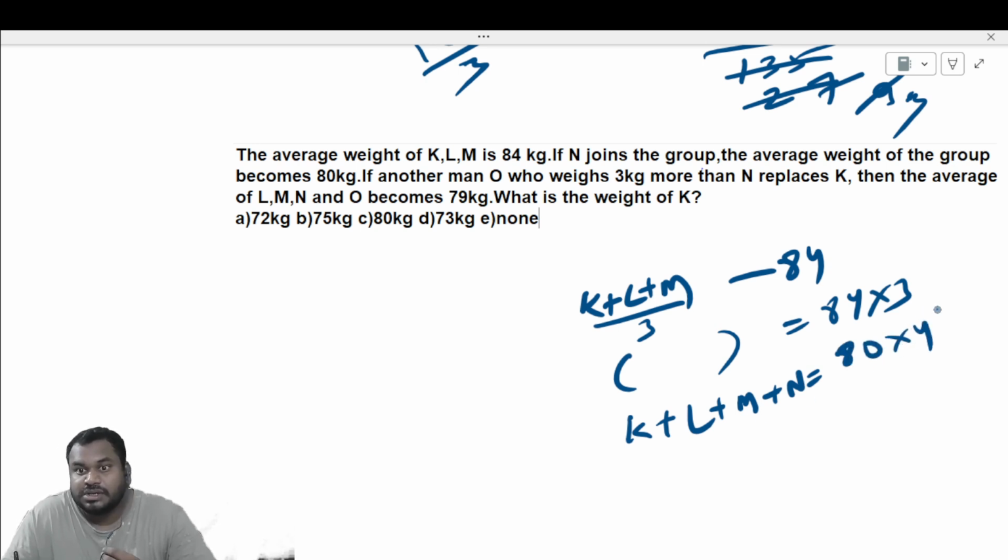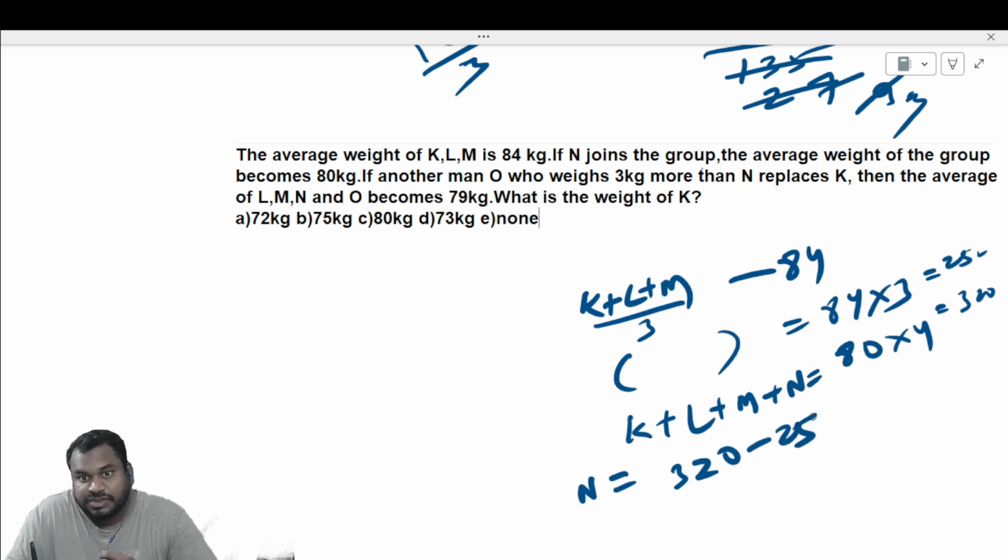Now you got, so this is 320 and this is 252. So now you got the total weight of K, L and M and K, L, M and N. So from this you can find out the N weight. N weight is nothing but 320 minus 252.